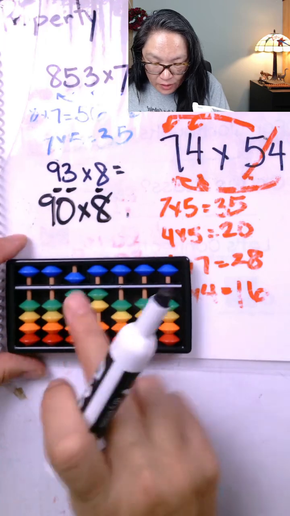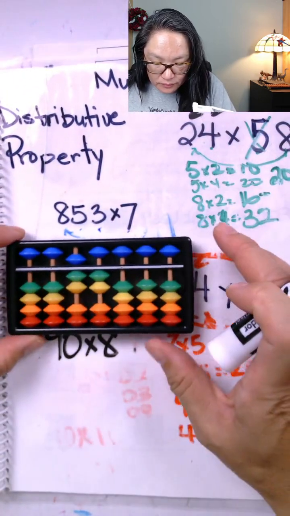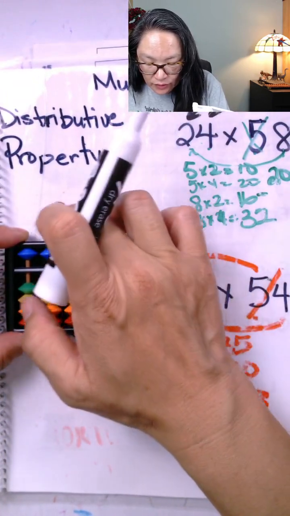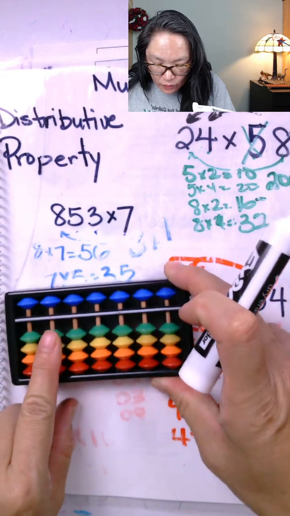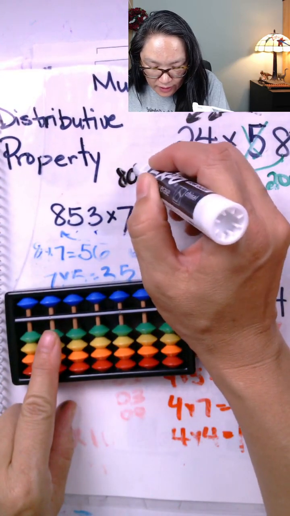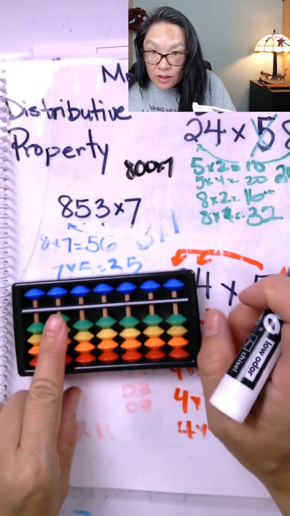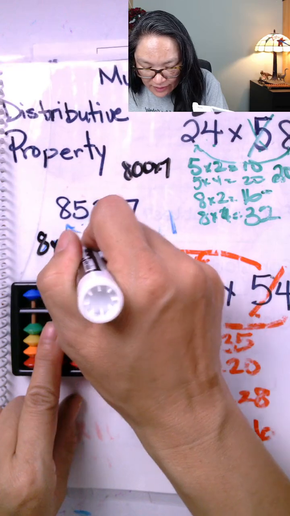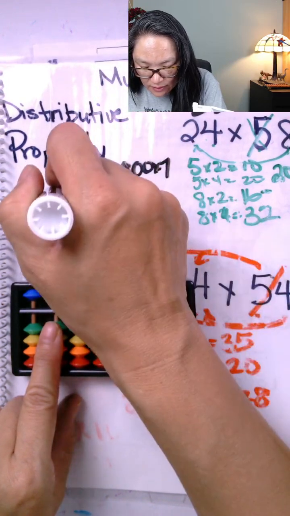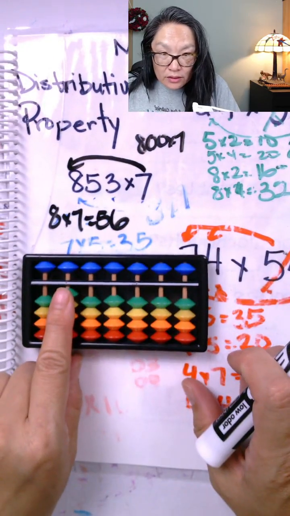We can do it again. 1, 2, 3, 4. What are we doing? We're doing 800 times that by 7, but instead, we just do 8 times 7 is 56. That's all we're doing.